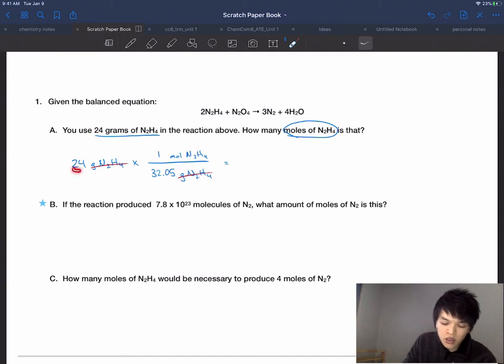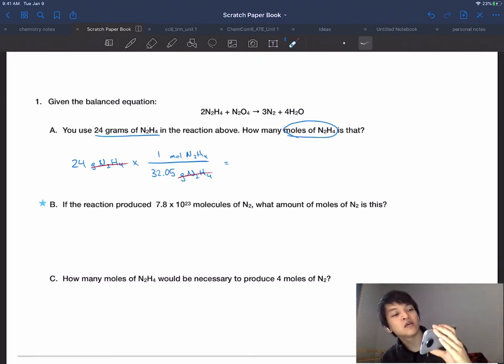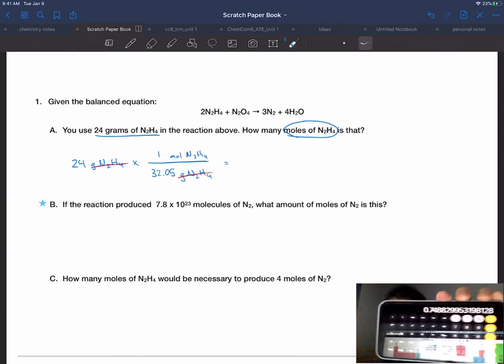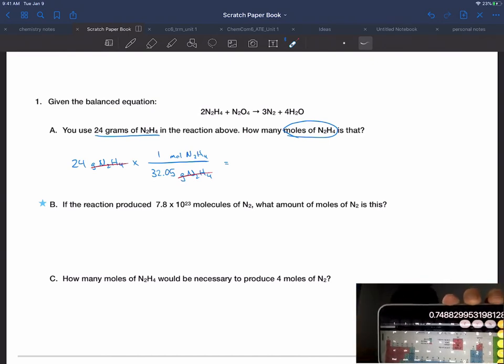According to this problem, take 24 divided by 32.05. Throw that in the calculator. What do we get? I'm going to round this. I'm getting about 0.75.